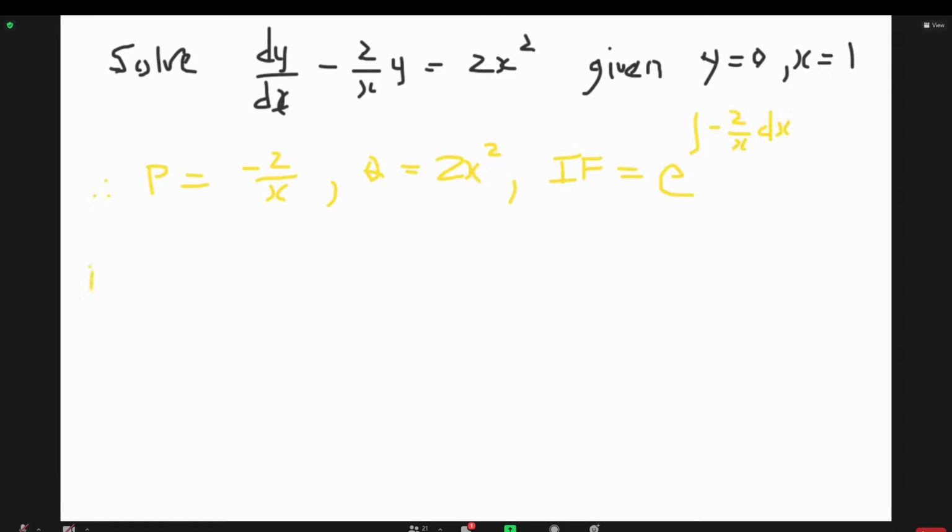All right, but the integral of minus 2 on x dx is minus 2 ln x. And therefore, all right, once again, we have to get rid of that minus from there, minus 2.